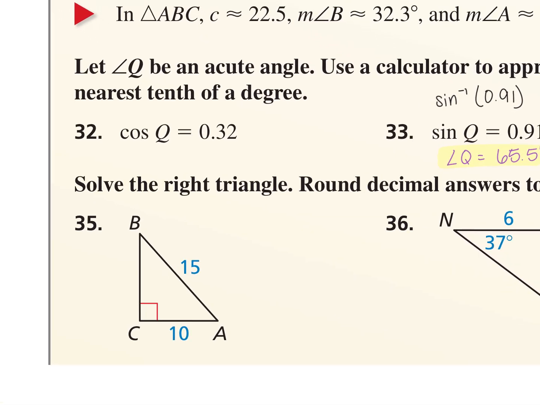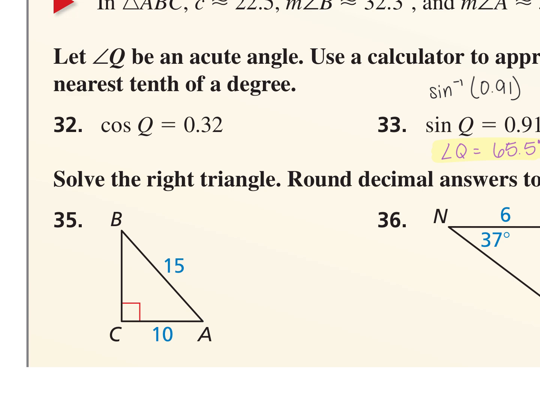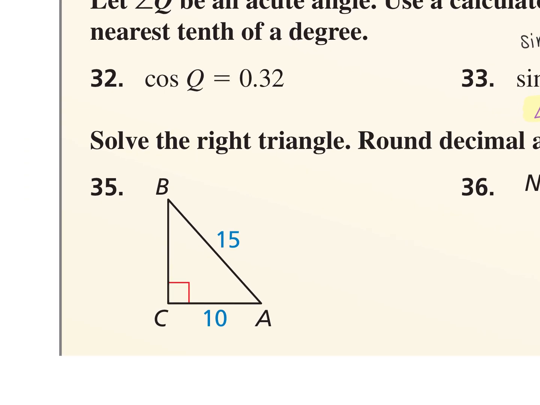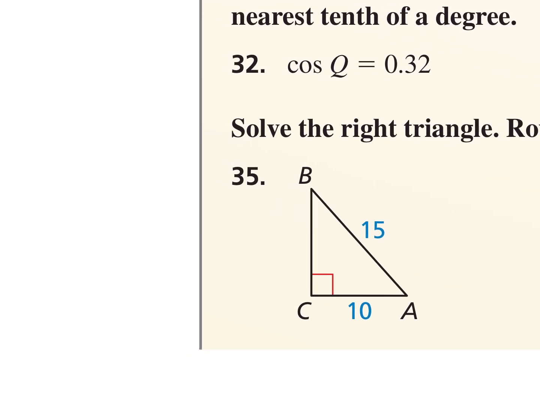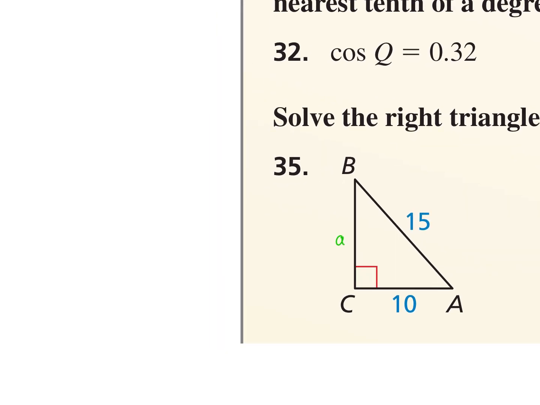All right, and then 35, solve the right triangle. Round your answer to the nearest tenths place. I needed to solve for everything. This is a right triangle. I have to find my other side. So first, for this one, I'm going to solve for, let's call this side a. I can use the Pythagorean theorem for this.